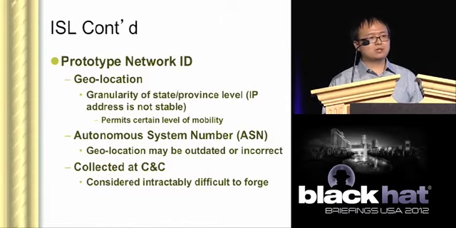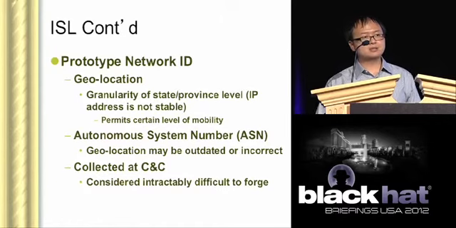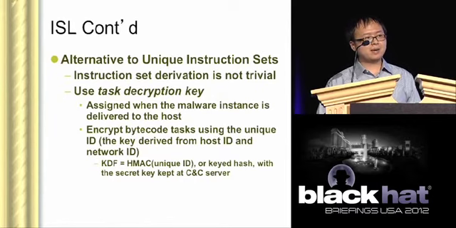And during the runtime, when the CNC server receives the request from the client, it will use the runtime ID to generate a task encryption key, encrypt the task, still encoded in bytecode, with this encryption key, and send it back to the client. The client will then use the embedded decryption key to decrypt the task and begin interpreting it.